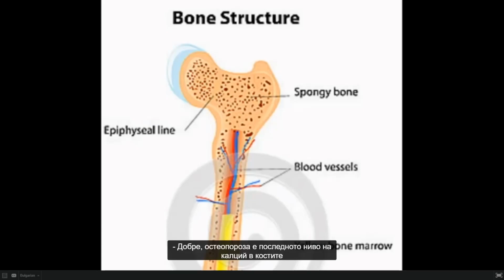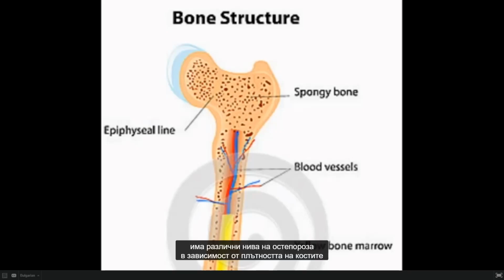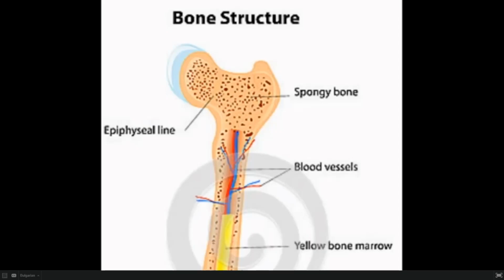Yes, osteoporosis is a lower level of calcium in bones, and then they become more fragile and easy to break. There are different levels of osteoporosis, depending on the density of the bones, and there are devices where they measure the density of bones.